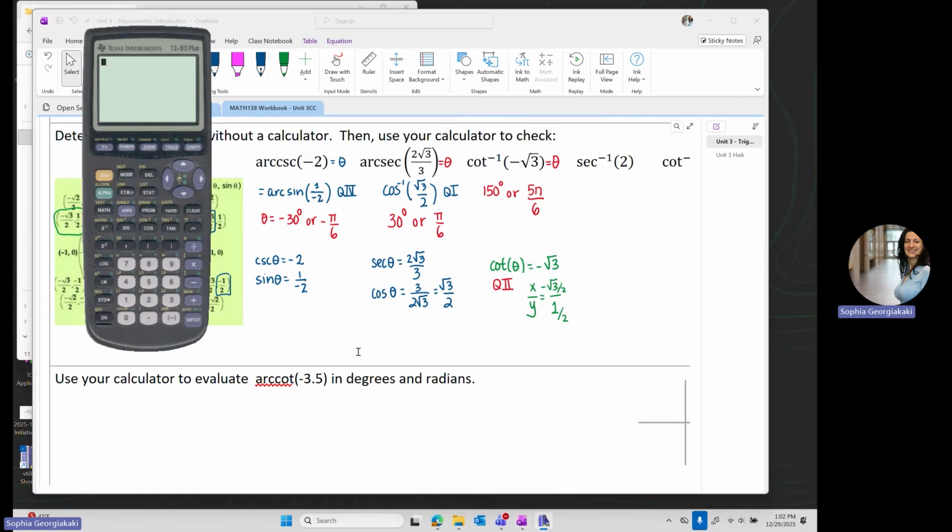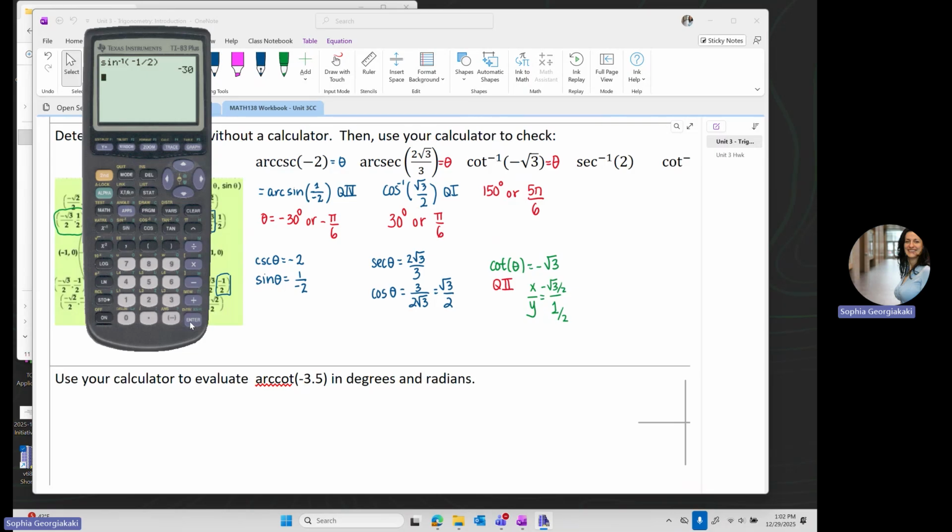So I will be using the inverse sine function, and I will be using it with the reciprocal value like I did here when I was doing the work by hand. I said the inverse sine of negative 1/2. And for the inverse sine of negative 1/2, every time I turn on my calculator, I have to remember to be in degree mode. Right, so let's go back, it would be negative 30 degrees.